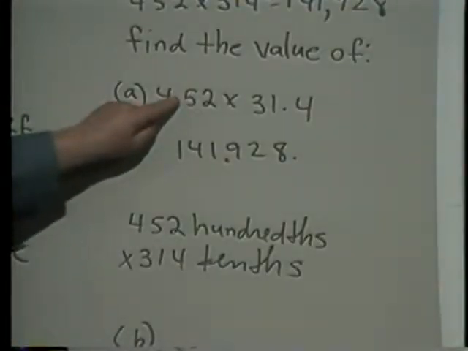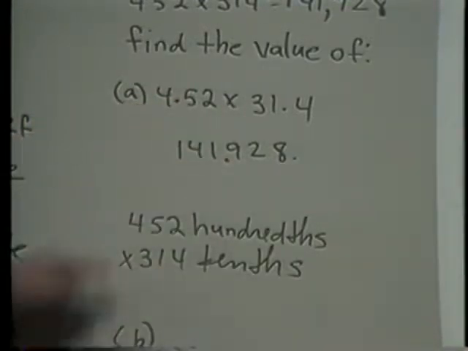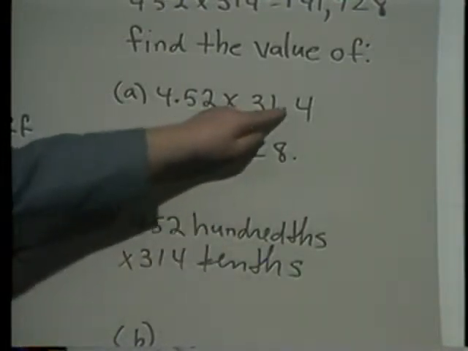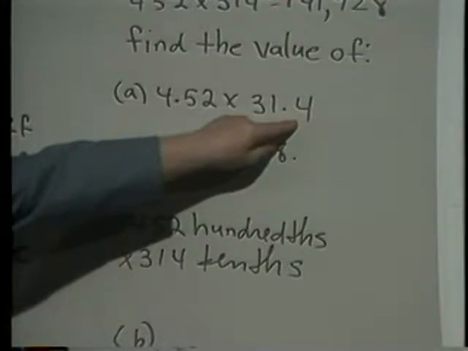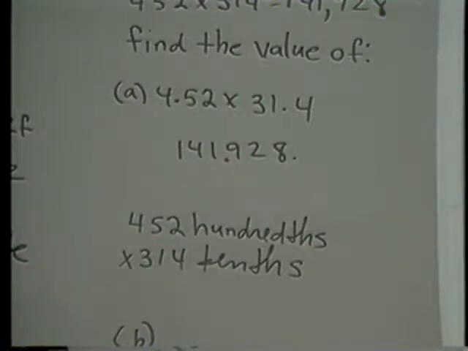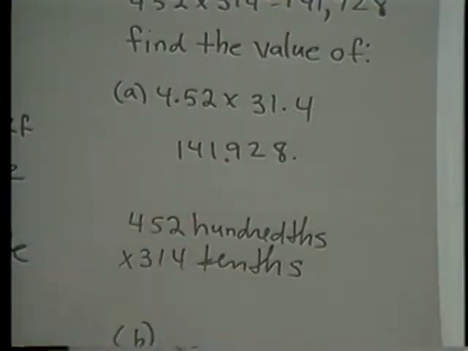And to see why that works, remember, how do you read this number? Without the decimal point, the adjective is 452. There are 2 digits to the right of the decimal point. That makes it hundredths. So this is 452 hundredths. This number without the decimal point would be 314. There's 1 digit to the right of the decimal point. That's tenths. So we're multiplying what? 452 hundredths by 314 tenths. How do we multiply numbers?